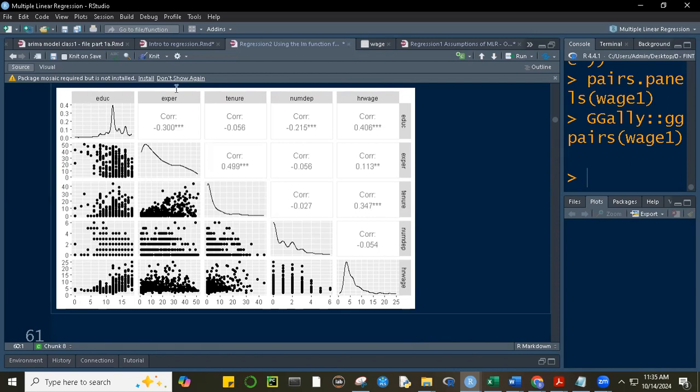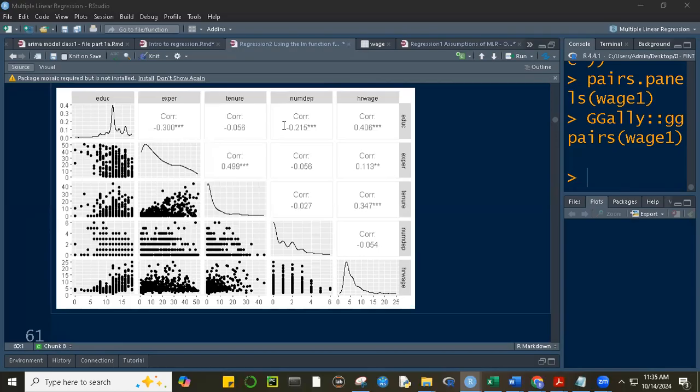So you can see that in fact the correlation is positive, somewhat like this here. And it's equal to 0.41. Okay, and it's statistically significant.